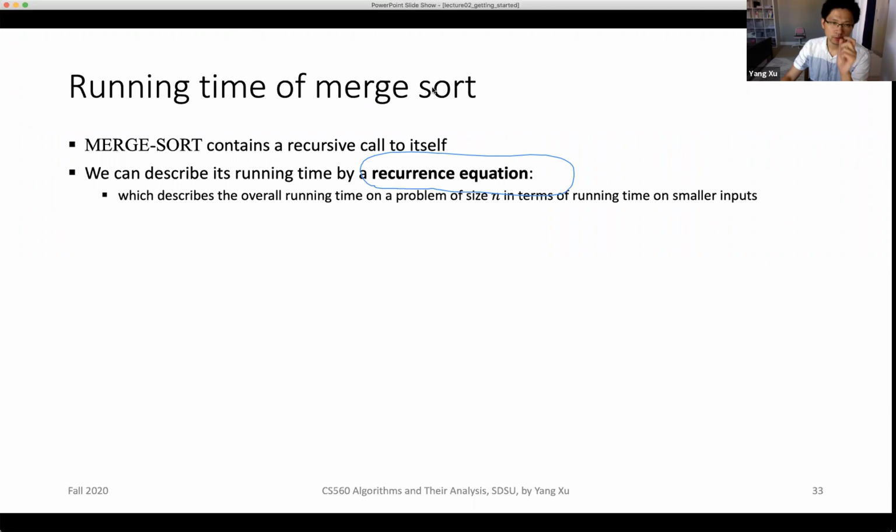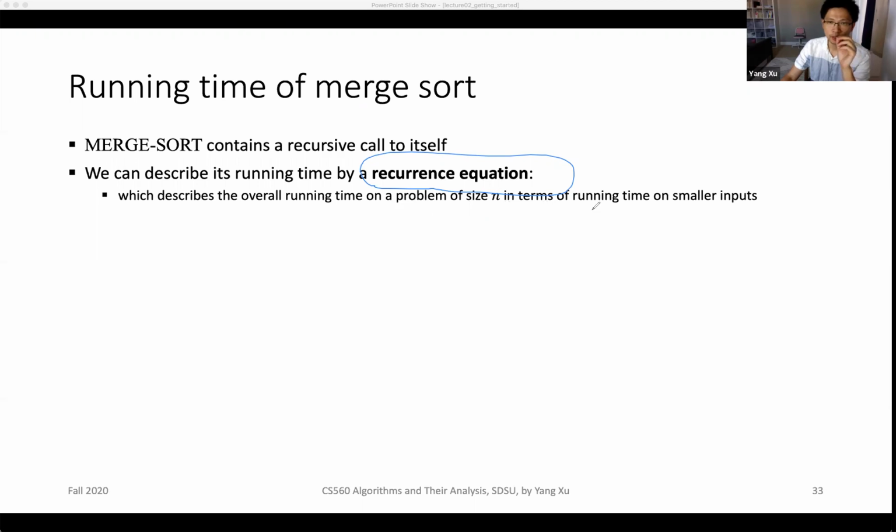All right, so the main idea is to describe the overall running time of the original problem of size n in terms of the running time on smaller problems. It's a bit of recursive thinking as well, right?